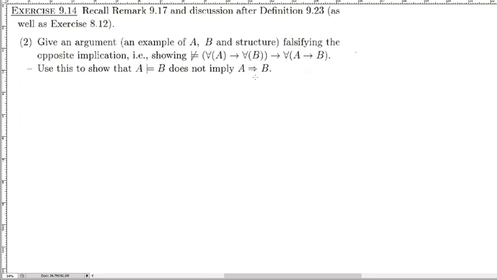Okay, so what kind of structure could we create to falsify this formula here? You can think about that for a second, and then I'm going to go on to the solution, or the interpretation that we're using in the solution.